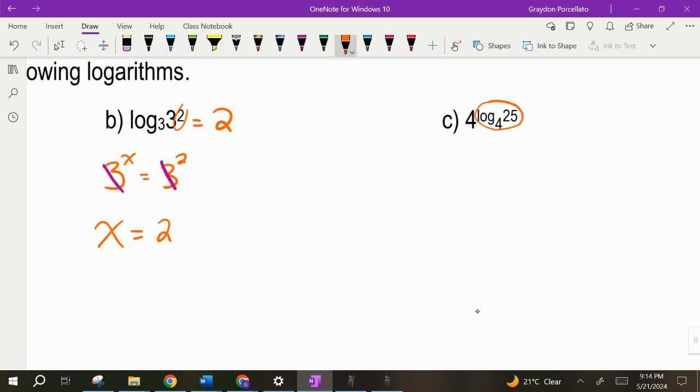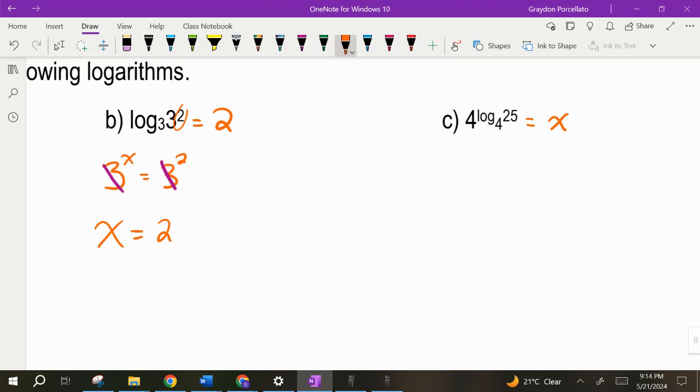So this one here, we want to know what this is equal to. So we're going to say this is equal to x.